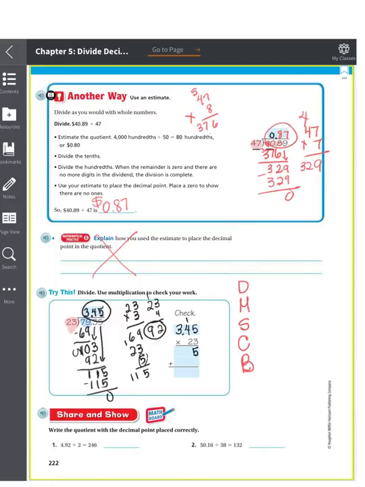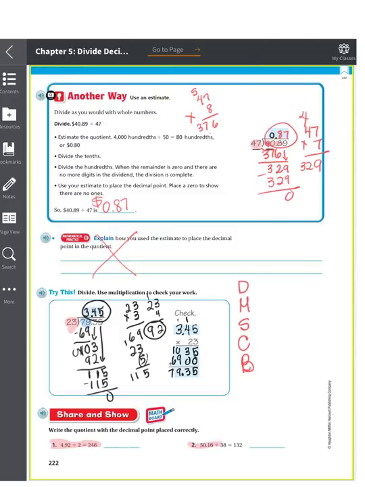So I'm just multiplying 115, 92, place my 0, 69. Hopefully this works out. And it does.